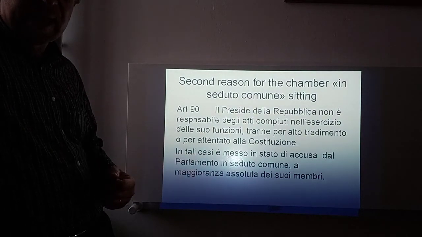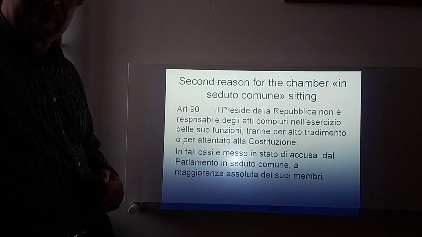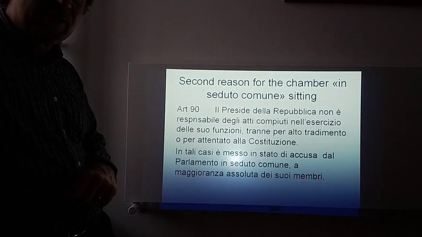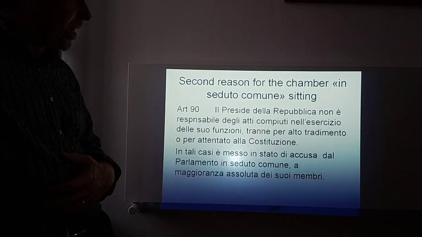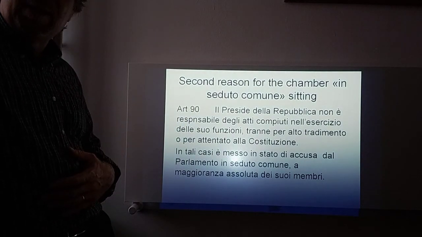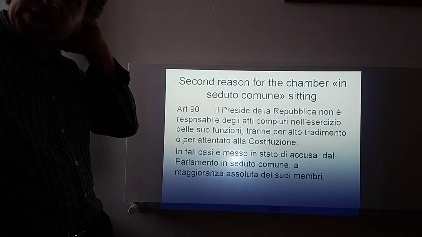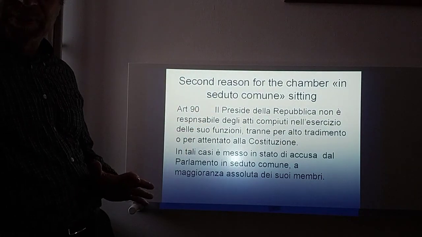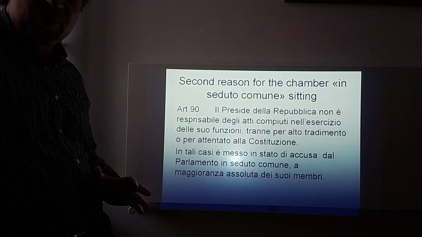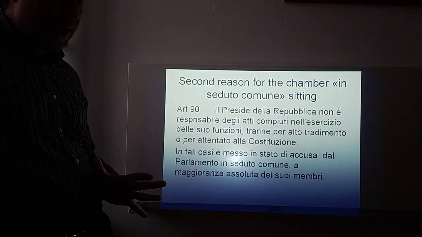Mattarella said that would be damaging to savers, which are protected by the Constitution. And Cinque Stelle said, well, we'll bring this up, this is an attempt against the Constitution because it's not democratic. But it didn't happen. It was just a lot of noise and anger that they couldn't get their way.